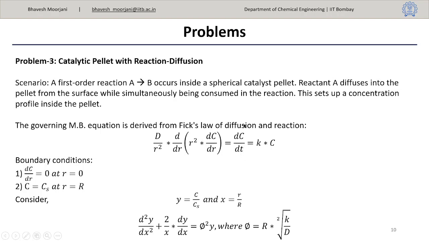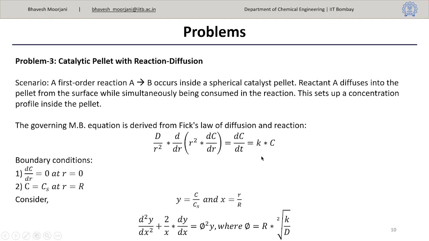Now here the rate of change of your component with respect to time can also be related with your reaction part, right? Since the component is also taking part in the reaction, your dc by dt will become minus Ra, which is k into c, right? So this is how your equation looks like.